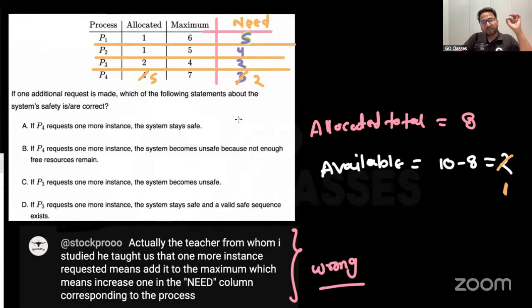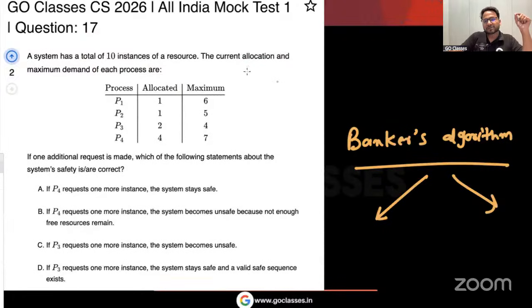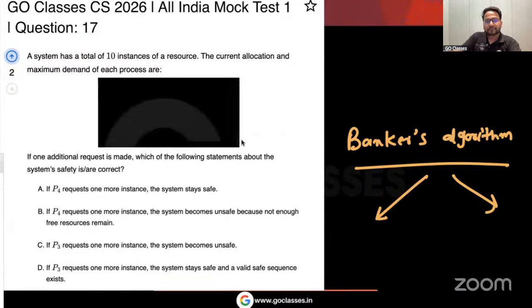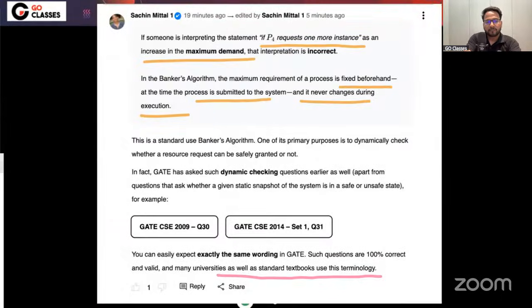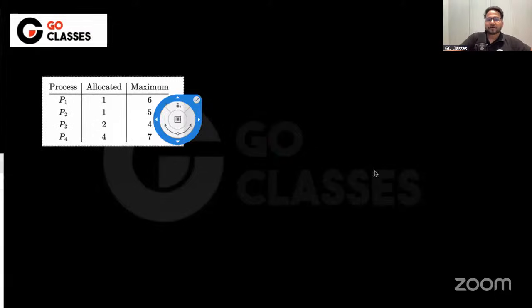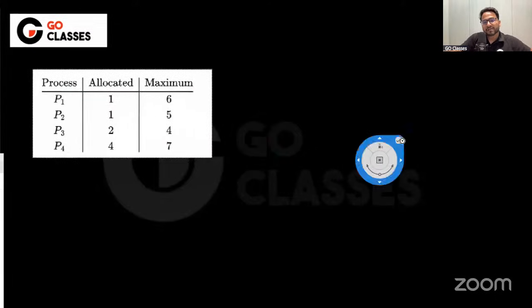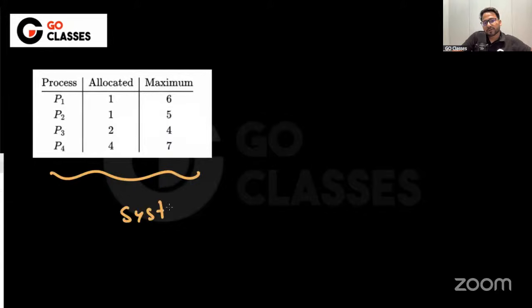Banker's algorithm works in exactly the same way: you have some system, a snapshot sort of system. This is the current system that you have with you, and suppose initially it is in a safe state.